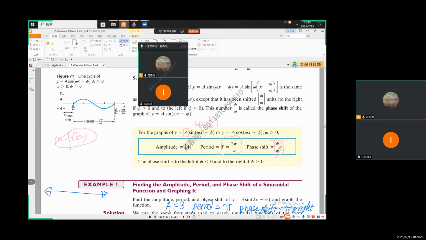What's phi again? Phi is basically this, over omega. Okay. Phi over, sorry, I forgot that bit. Phi over 2 to the right. Yeah, because I changed it like this, right? Yeah, that's why. This is basically x plus, b times x plus c, or minus b actually, whatever, I don't care.